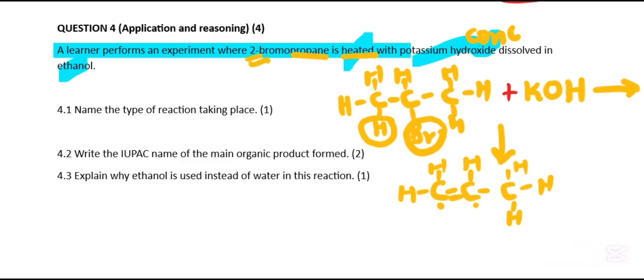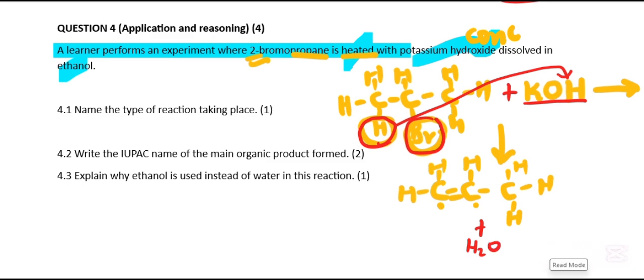Now we are left with bromine, hydrogen and KOH. The hydrogen combines with OH to form H2O, and Br combines with K to form KBr. Then we are done there. The question says name the type of elimination.